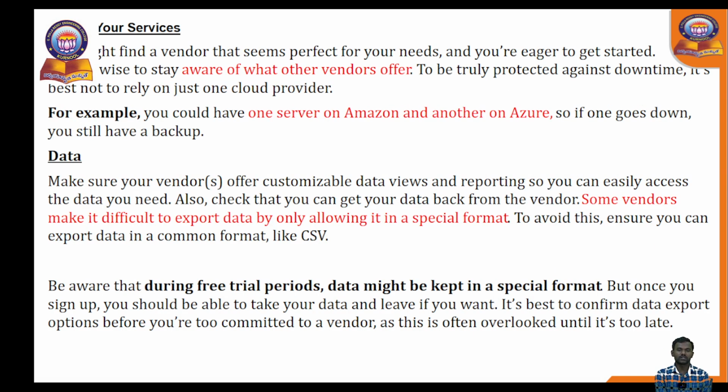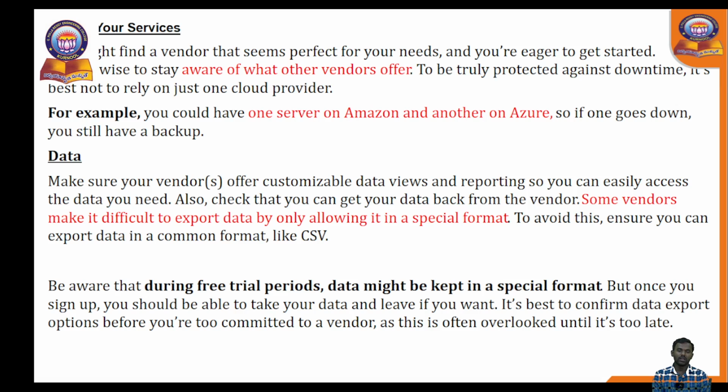Coming to the next issue, spread your services. Instead of depending on one service provider, we must look at other service vendors also.